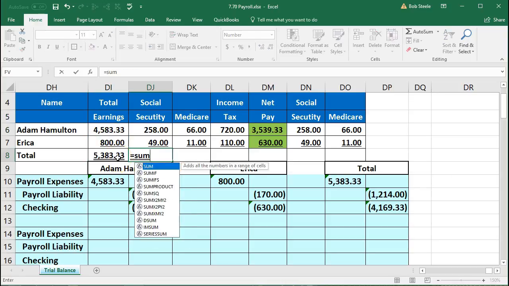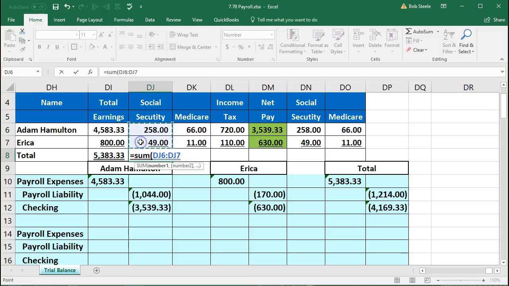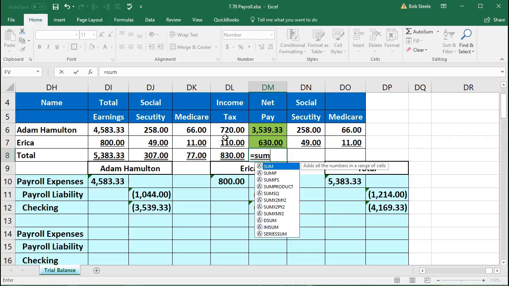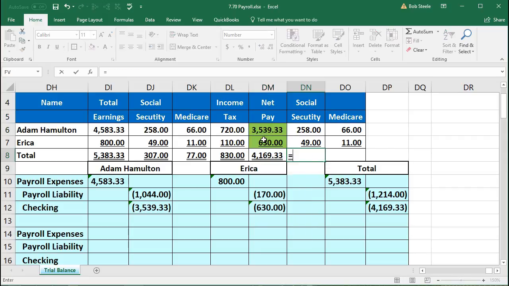Then equals sum what was taken from Adam and Erica for Social Security, equals the sum of what was taken from Adam and Erica for Medicare, equals the sum of what was taken from Adam and Erica for income tax, equals the sum of the net check that our checking account's going to go down by, equals the sum of our portion of Social Security and Medicare for Adam and Erica, equals the sum of our portion of Medicare for Adam and Erica.